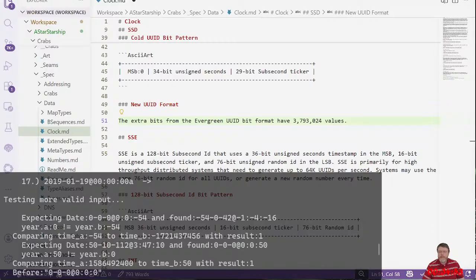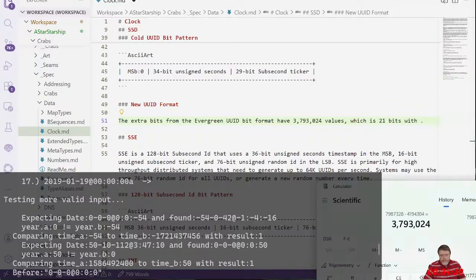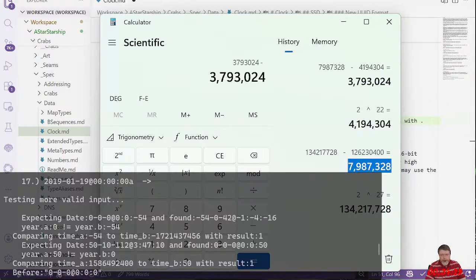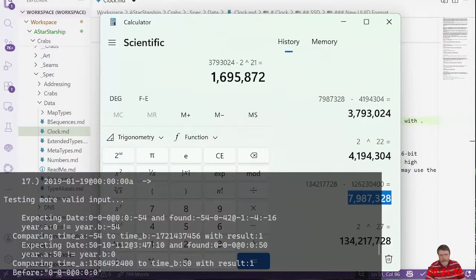Which is 21 bits. Now we're going to subtract 2 to the 21.